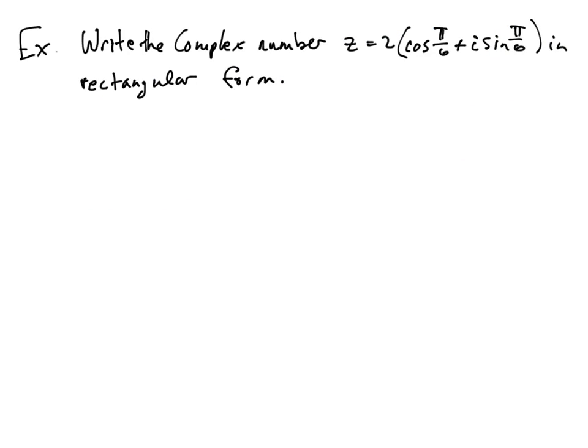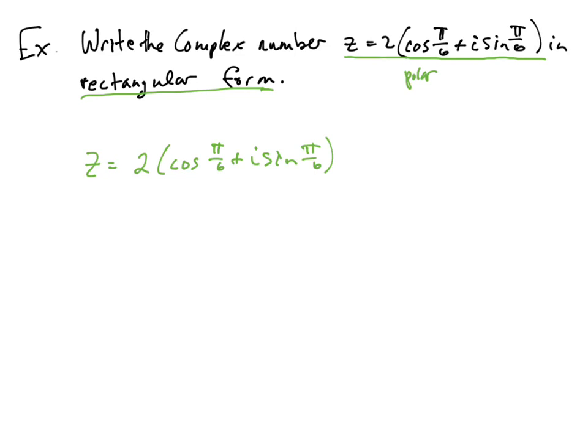So this first example has a complex number z equals 2 times cosine pi over 6 plus i sine pi over 6. This is in polar form. What we want to do is write this in rectangular form. So to write this in rectangular form, it's pretty straightforward. We take the complex number, cosine pi over 6 plus i sine pi over 6.